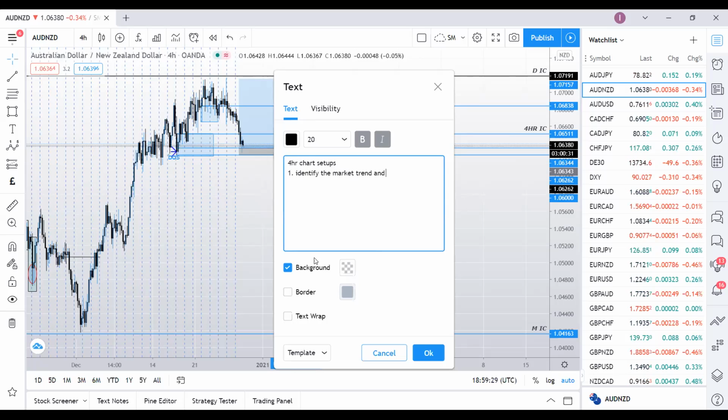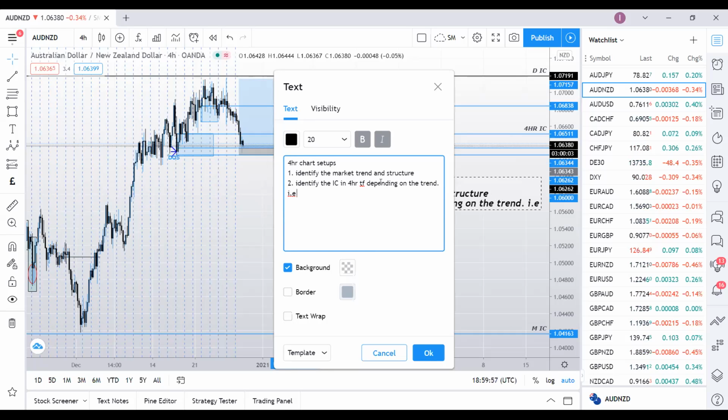Market trend and structure. Then number two, identify the IC candle in the 4-hour time frame, depending on the trend.